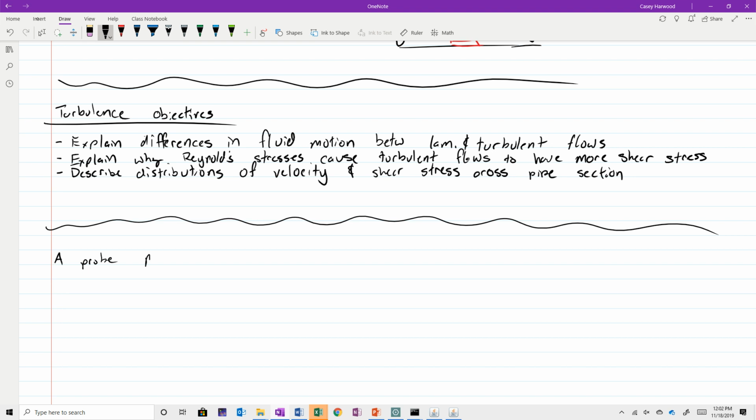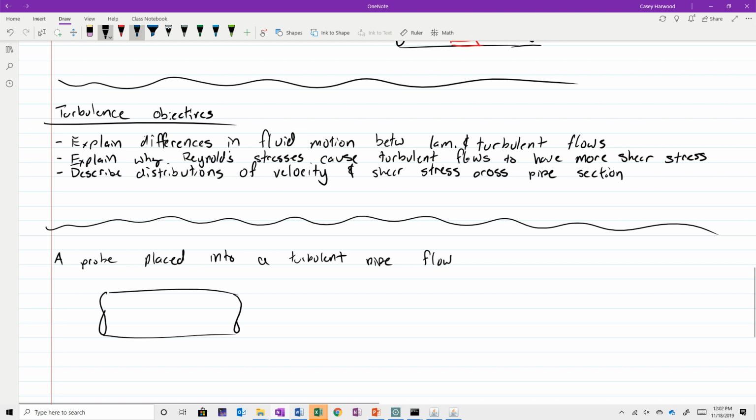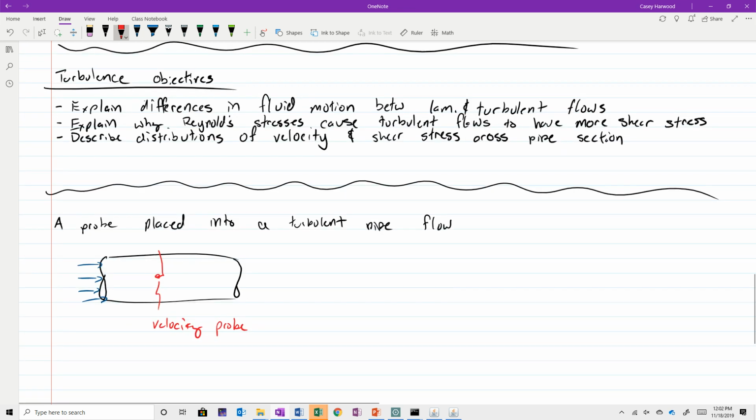A probe placed into a turbulent pipe flow. Okay. So let's imagine we've got turbulent flow through this pipe, and we install a little velocity probe that is able to measure all three components of velocity.